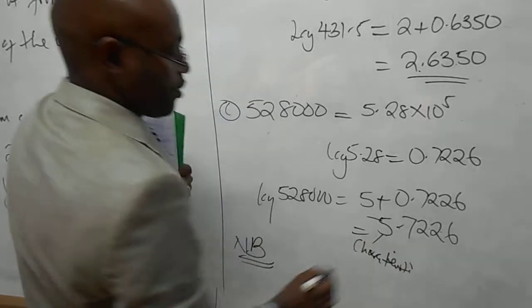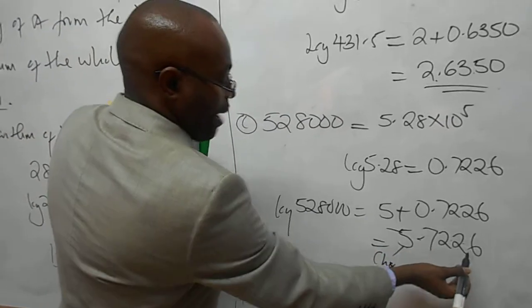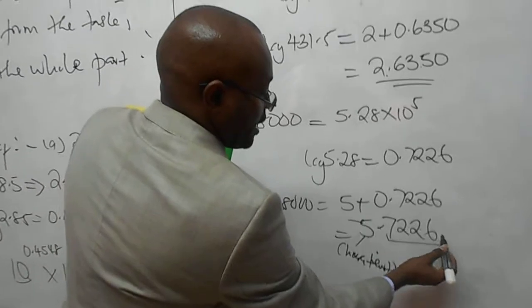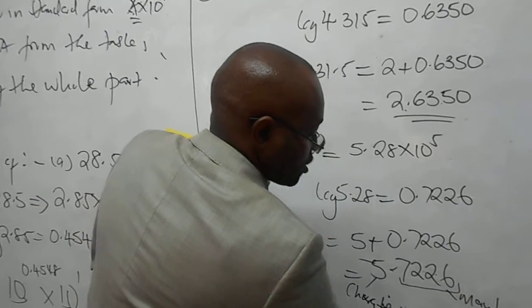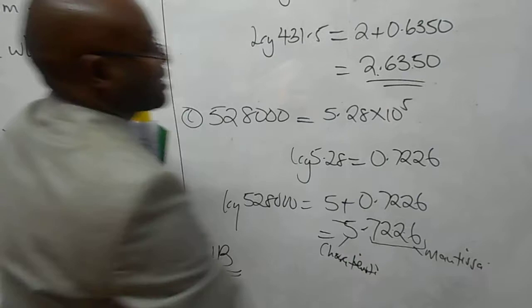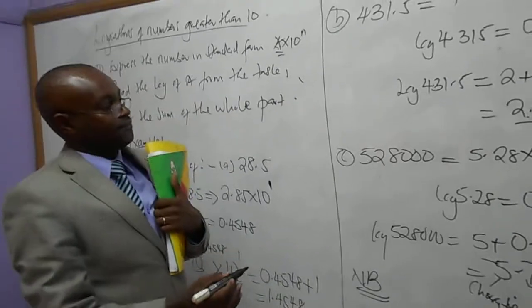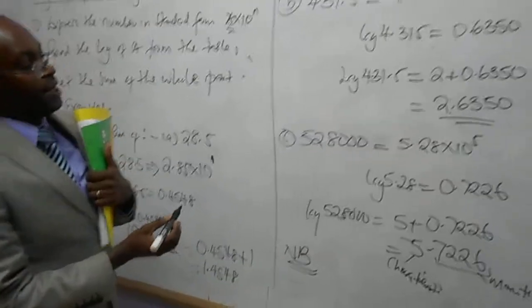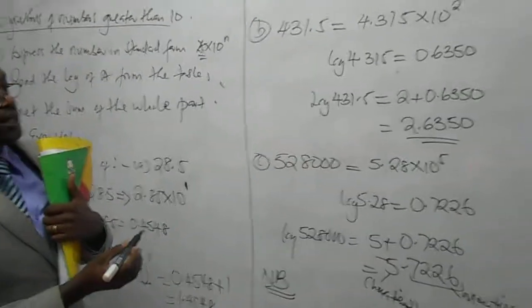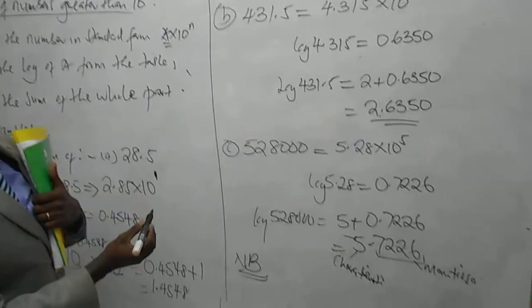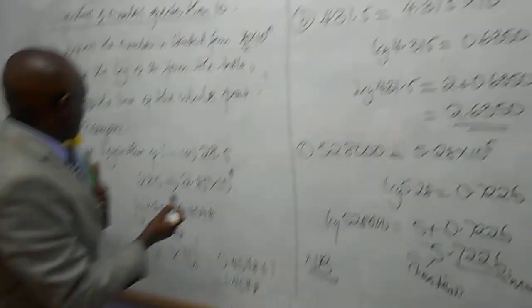And the decimal part, the 0.7226, is called the mantissa. Please, class, note that the logarithm has two parts: the whole number part, which is the characteristic, and the decimal part, which is called the mantissa. And that applies to all the others that we have.